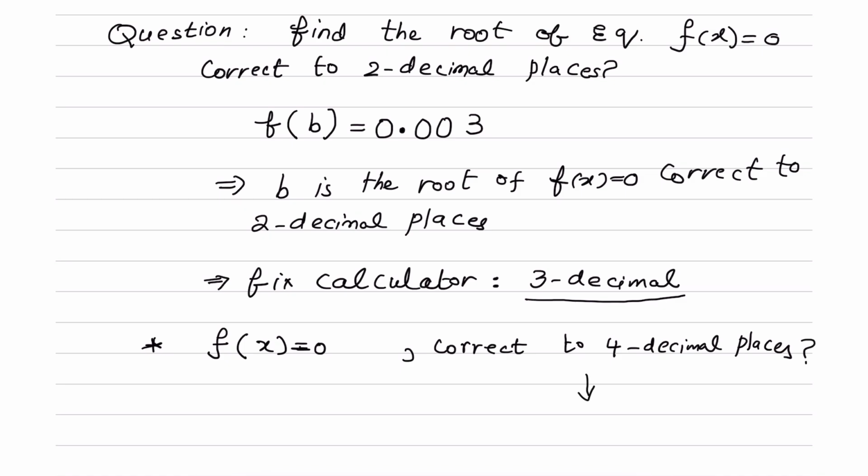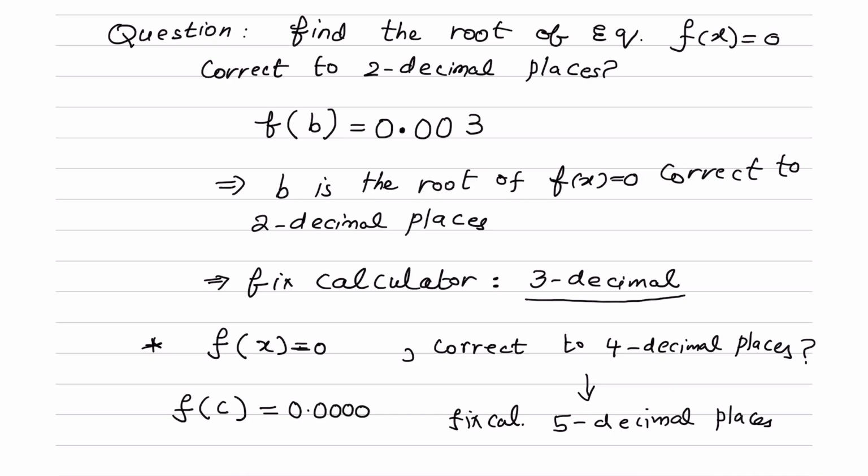So fix your calculator up to 5 decimal places. Because you are looking for some number, let's say c, which when you plug in the function it should give you, since you have to find the root correct to 4 decimal places, so it should give you 4 zeros and fifth could be any digit, let's say it is 3.